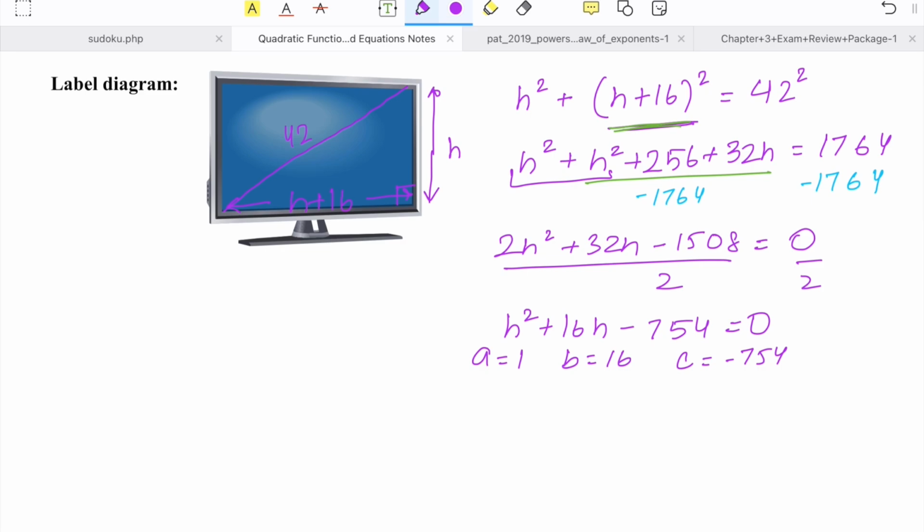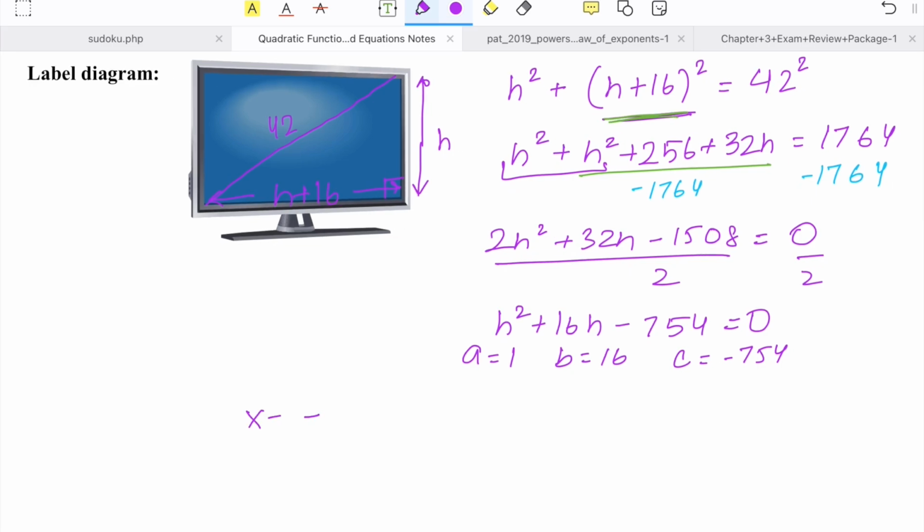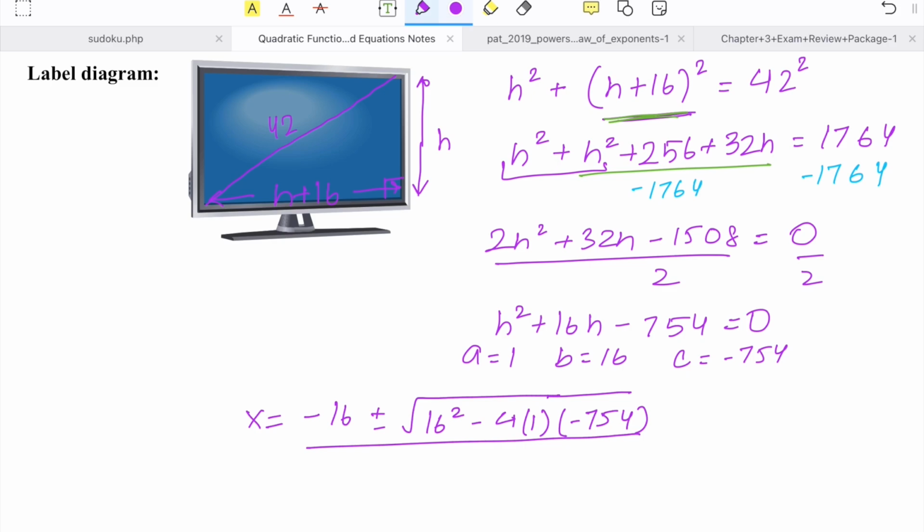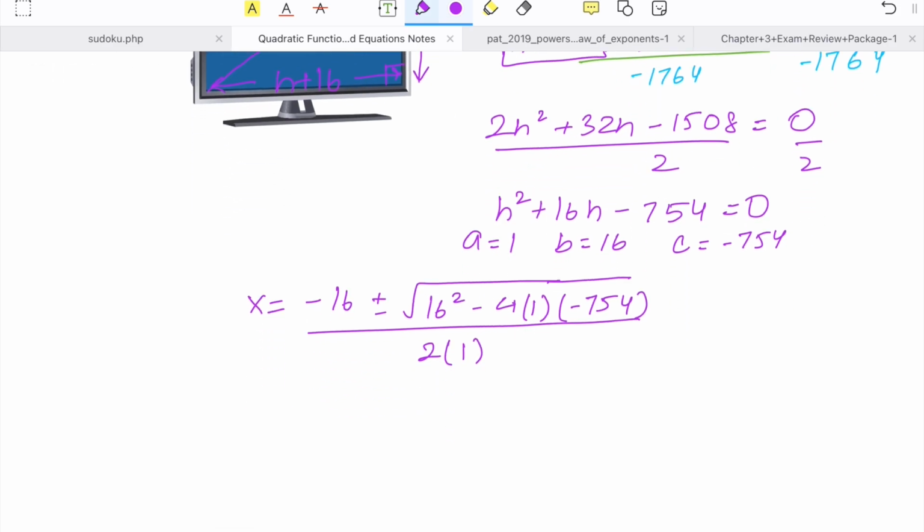Now we'll use our quadratic formula. X is equal to negative B, which is 16, plus minus the square root of B squared, so 16 squared, minus 4 times A times C, which is negative 754, over 2A, which is 2 times 1. So solving that, we get negative 16 plus minus.